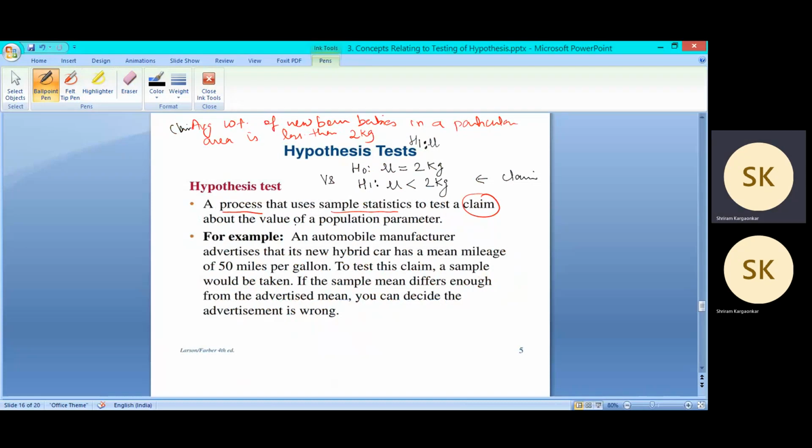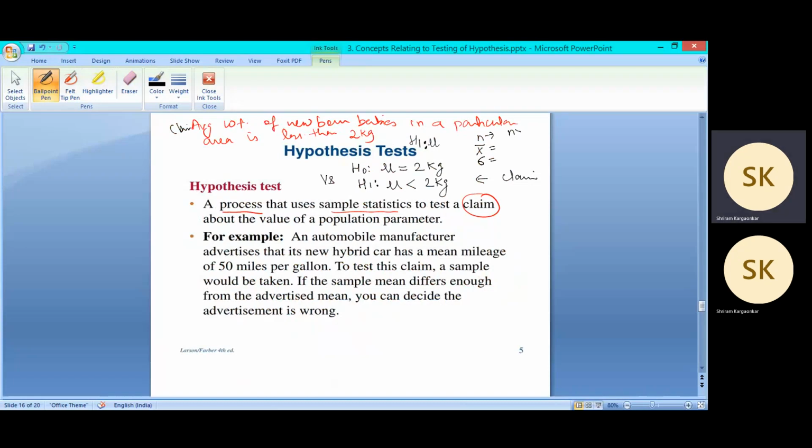So whenever you conduct a hypothesis test, there is a process. Now this is the claim. To support this claim, you have to take a sample, and you have to get the values from the sample. Some values will be given, like the population standard deviation. Sample size you have to decide.